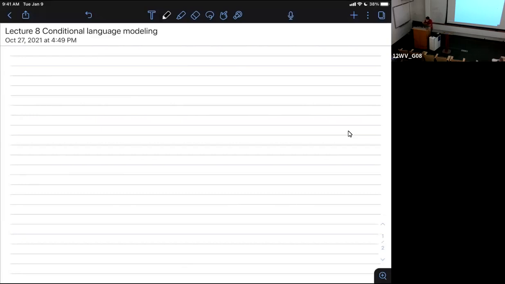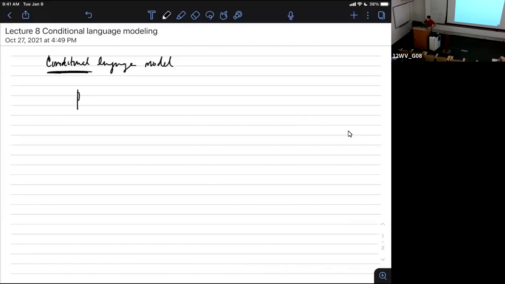In particular, one way we're going to do it is to make the language model conditional. What do I mean by making the language model conditional? It's actually very straightforward. We're going to stick to the definition of conditional probability.